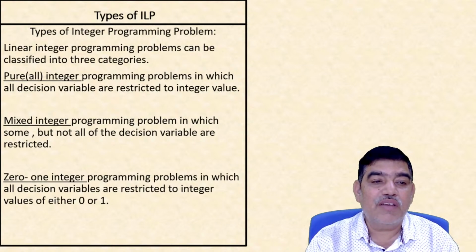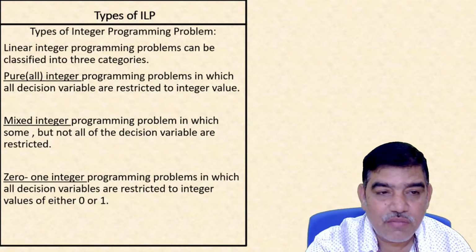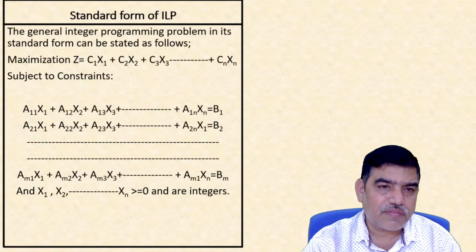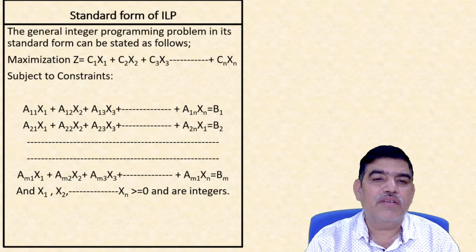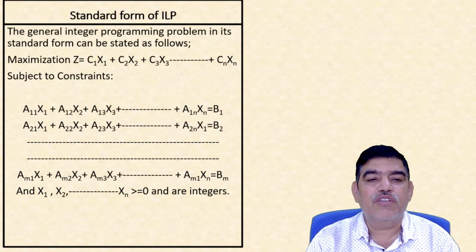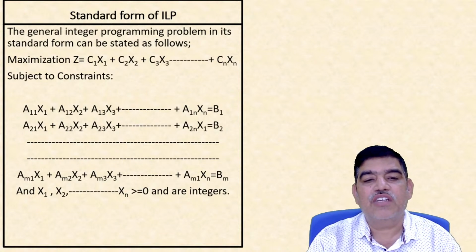So there are 3 categories of integer programming problem. Let us consider the general standard form of ILP, the integer linear programming problem. In general, the integer programming problem in its standard form can be stated as follows. Maximize z equal to c1 x1 plus c2 x2 plus c3 x3 up to cn xn.